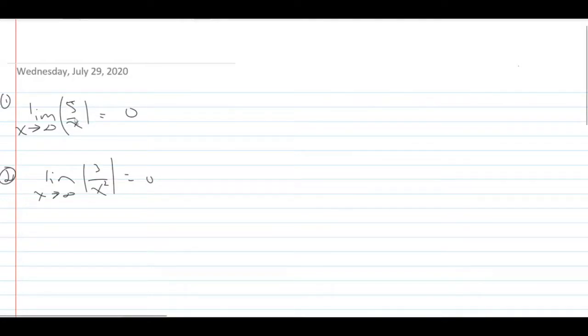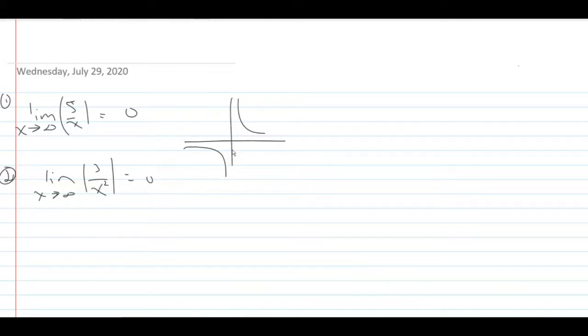So we know that 5 over x would be similar to the function 1 over x. Let me refresh your mind of what the function 1 over x looks like. The function 1 over x, or in fact, a function where the x in the denominator is raised to an odd power, the graph would be shaped like this. The asymptotes would be the axes in this example.